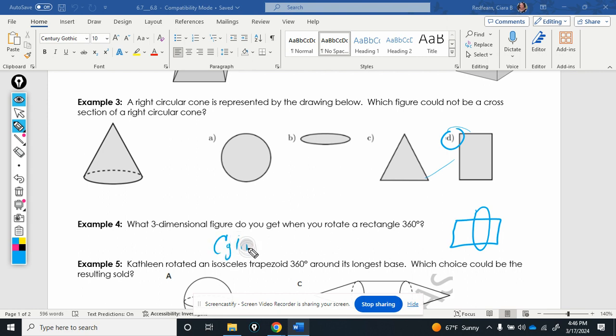If you said a cylinder, you are correct. It will create a cylinder because these straight lines will form circles, and then you will have a cylinder as your figure.